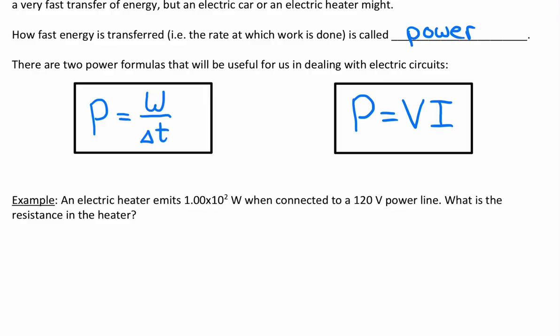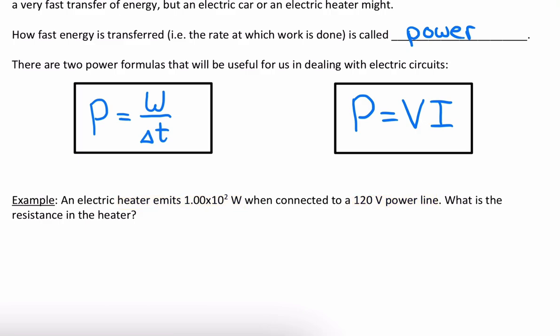It's transferring energy. It's taking energy from the 120 volt power line and it's transferring it to this heater where it's being transferred into thermal energy or heat at the rate of 100 watts or 100 joules per second.